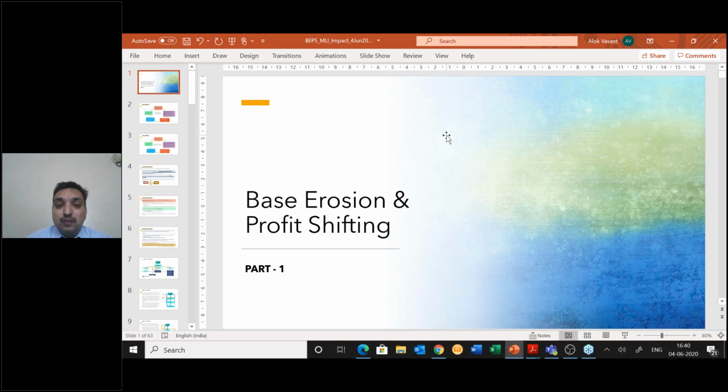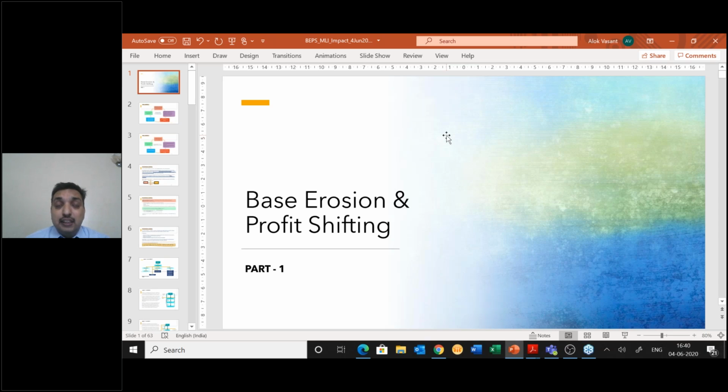This led to lack of competition, lack of transparency, and low tax collections, and these all resulted in certain imbalances which was certainly not desirable from an economic standpoint.